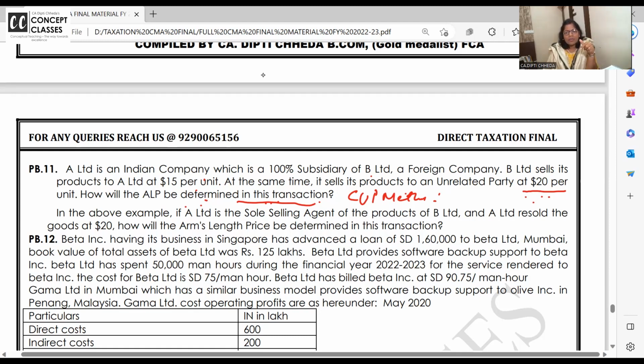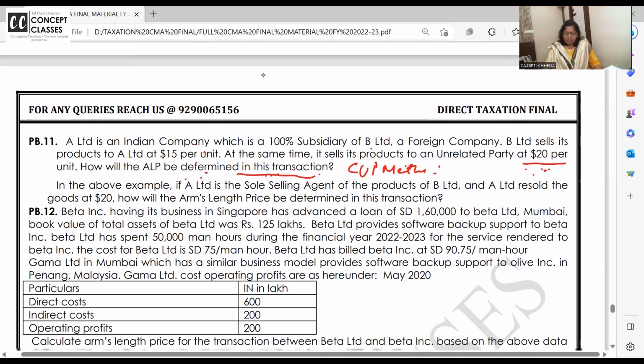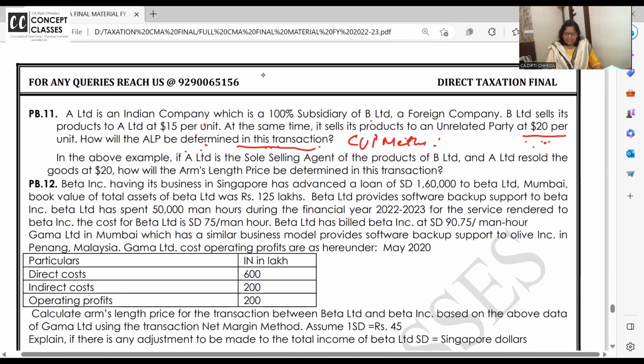If you also buy at 20, your expenses will increase, your profit will come down, and that is not allowed. Clear? So they are asking what will be the arm's length price. Arm's length price is 20 only, but we will not decrease the income.